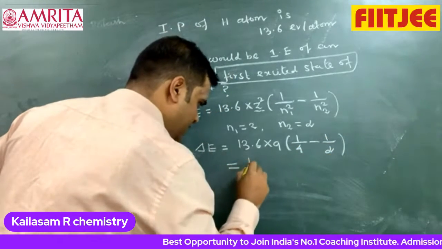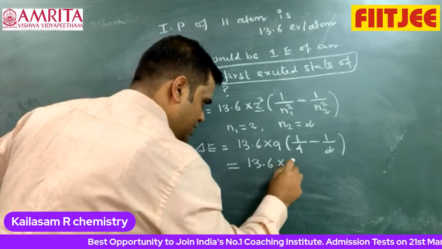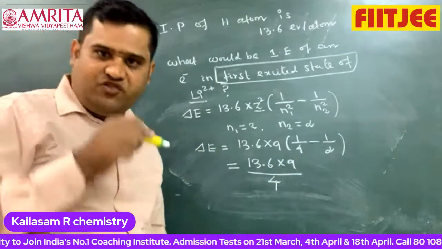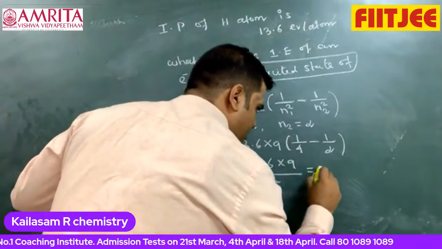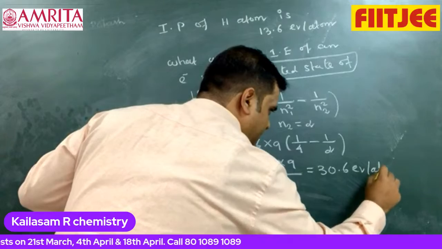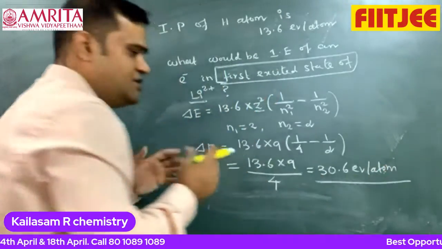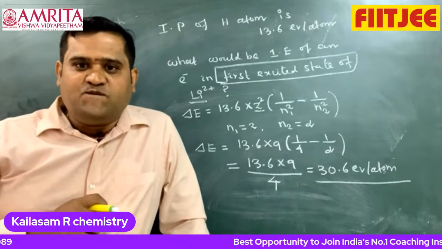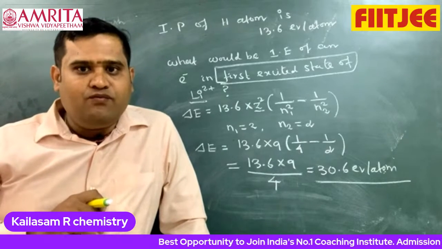Therefore, we can write 13.6 into 9 by 4. If we simplify this, you get the answer of 30.6 electron volt per atom. That's all. This is what you may expect from the examination point of view.